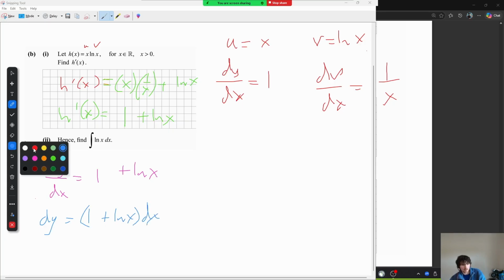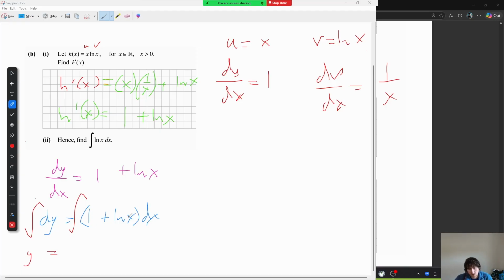You can then integrate both sides. The integral of this side becomes y, and the integral of this side is two parts, so we can do each part separately. What's the integral of 1 with respect to dx? That's x, isn't it?